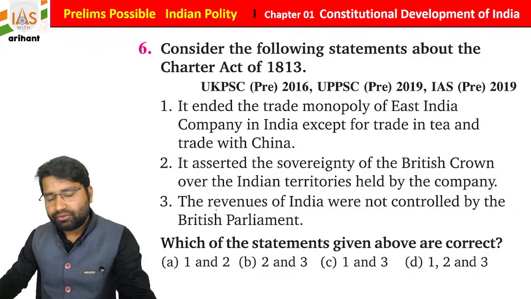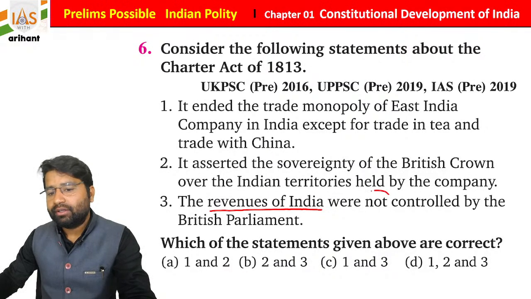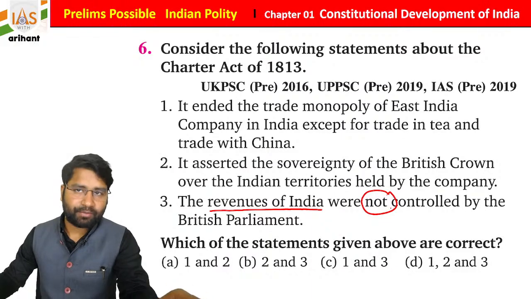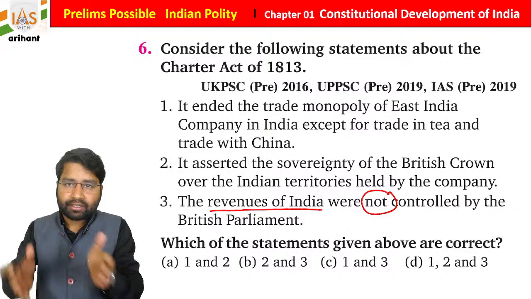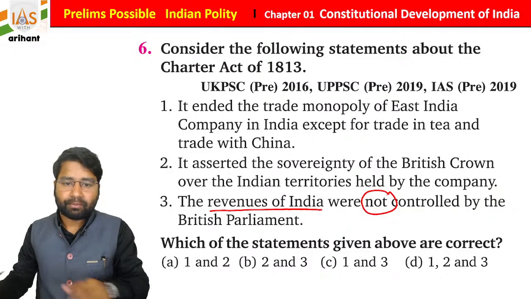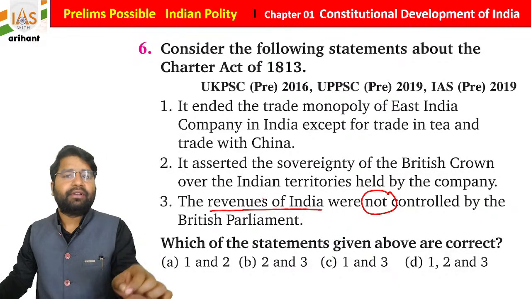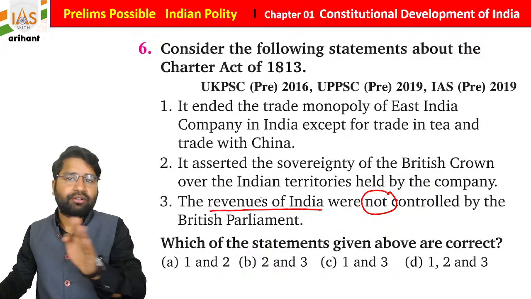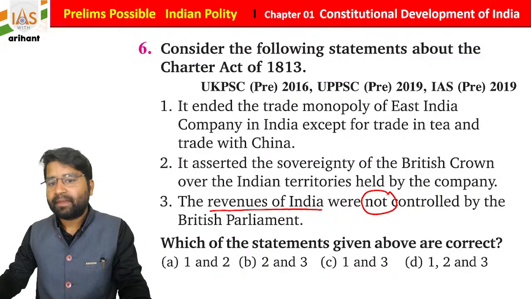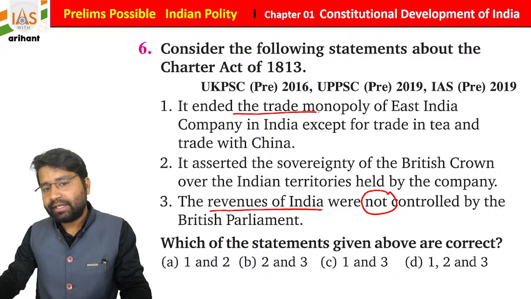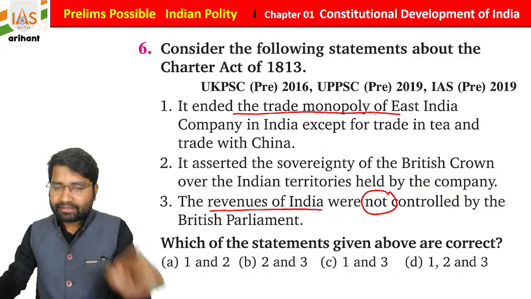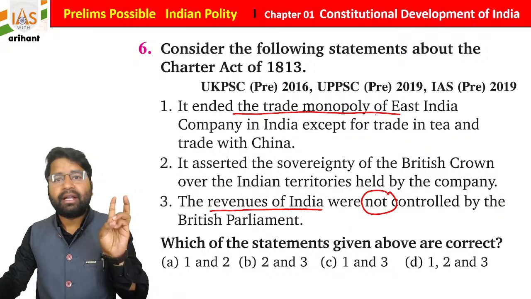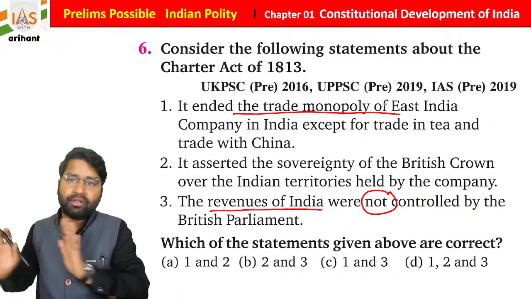And here in the third option, the revenue of India was not controlled by the British Parliament. Under this provision, they are basically controlling the Indian revenue. So wherever option 3 is mentioned, that option is going to be incorrect, because we already discussed that trade monopoly of East India Company, except tea, opium and trade with China, other monopoly was ended.